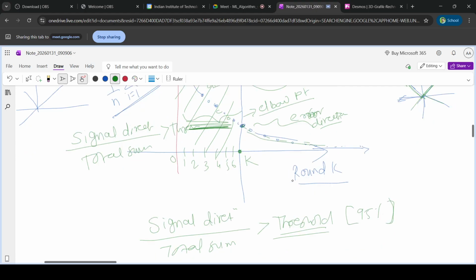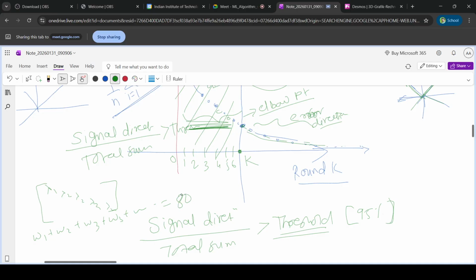You will ask, what is this 95% and how to get it? In an exam they will give you some questions, like they give you the eigenvectors, eigenvalues, and you have to calculate the sum of all the eigenvalues. That is the total sum, maybe it comes to, for example, 80.